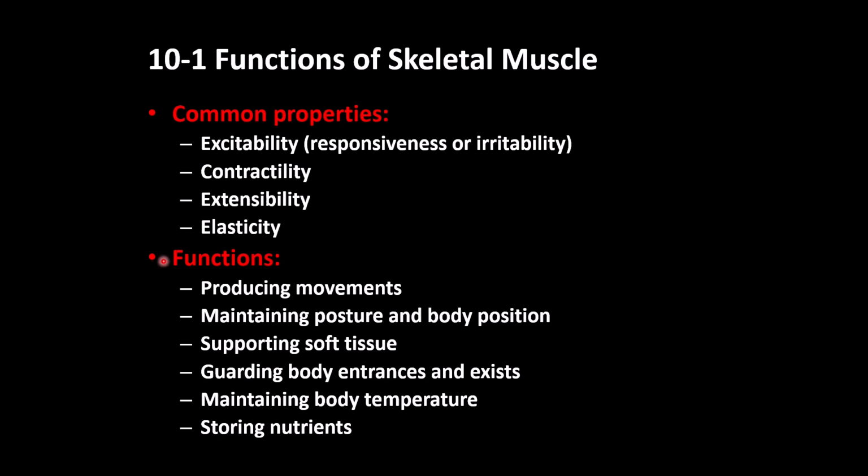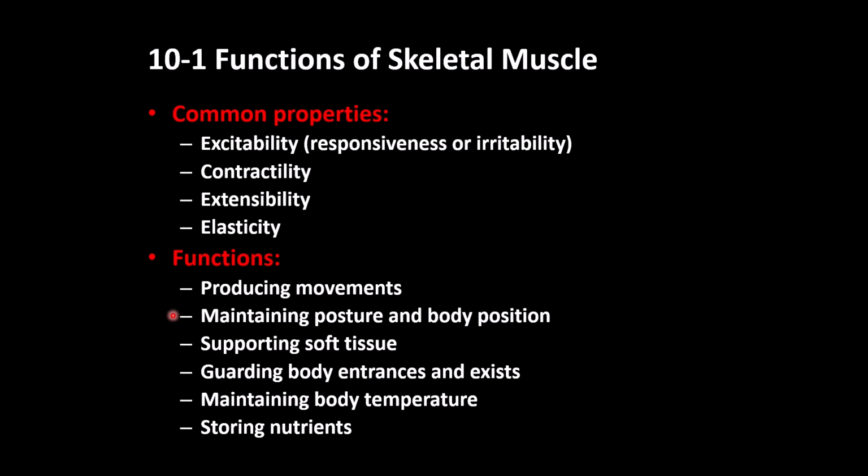There are different functions of the skeletal muscle. One is producing movement, which is the main function. So, for example, walking, writing, moving your head, things like that. It's maintaining posture and body position. Examples include the contraction of the neck muscles.